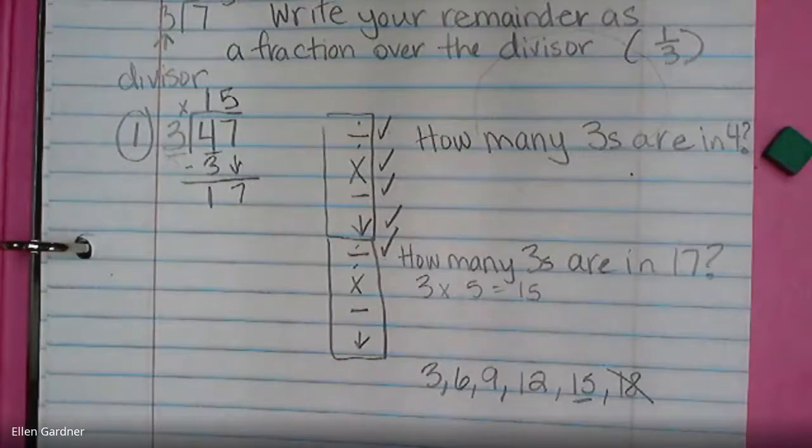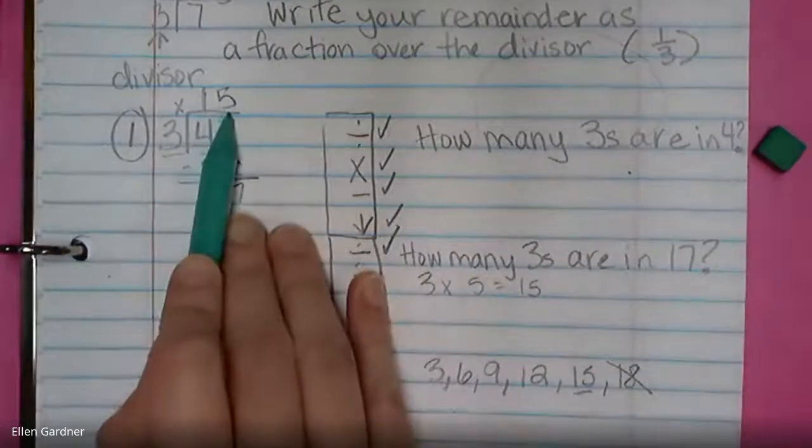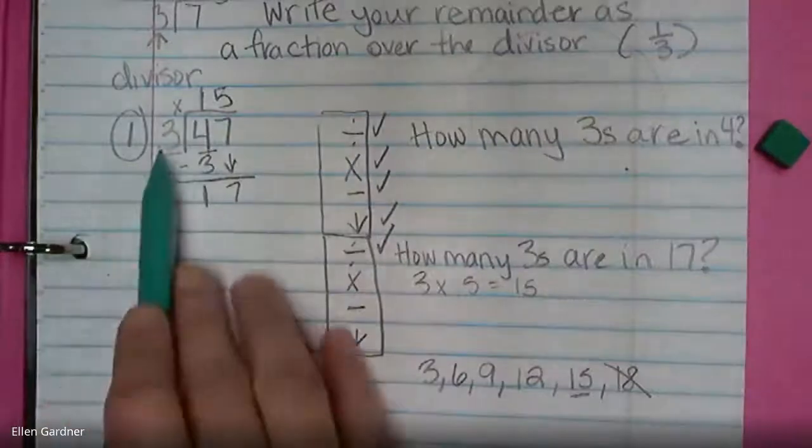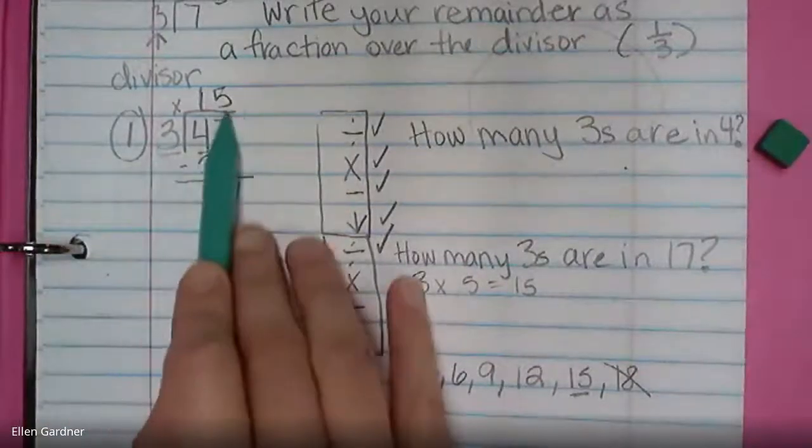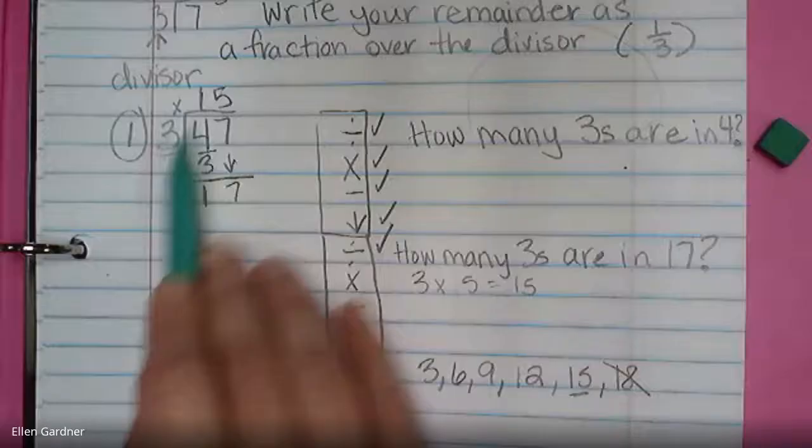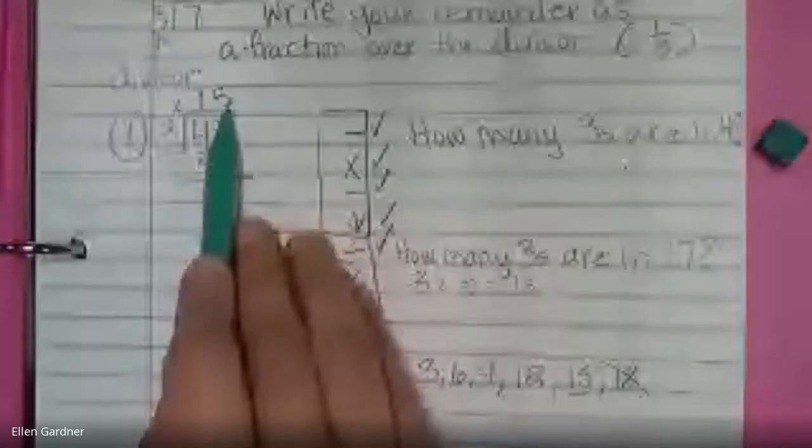Okay. Now it's time to do what? Kruti, could you tell us what the next step is? Okay, next step is to multiply. Good. Multiply the 3 times what we just wrote down.